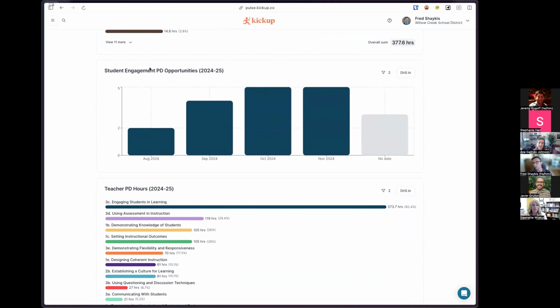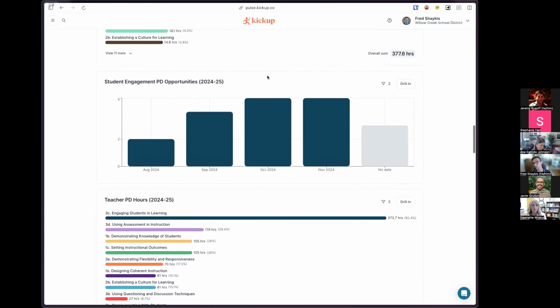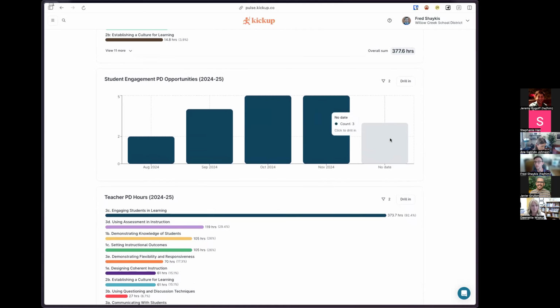Using the KickUp learning tags, they looked at how many learning opportunities were aligned to student engagement and could see that they were on pace to exceed their offerings from the previous year. They also offered some self-paced courses to be responsive to staff expressing that as a preference.